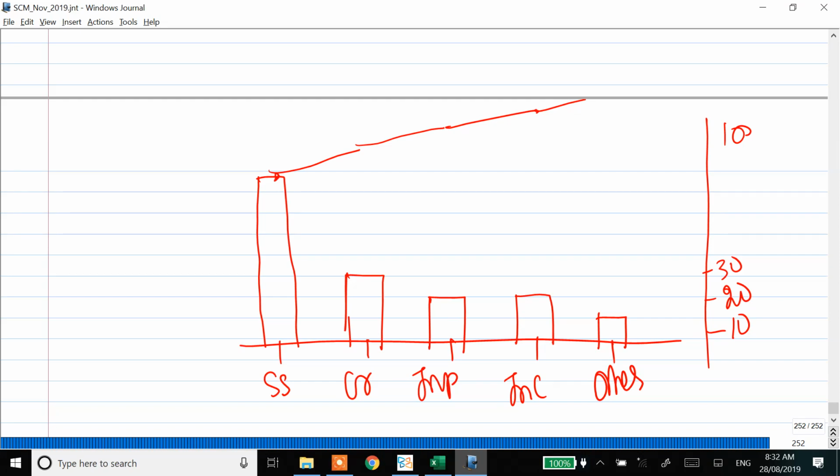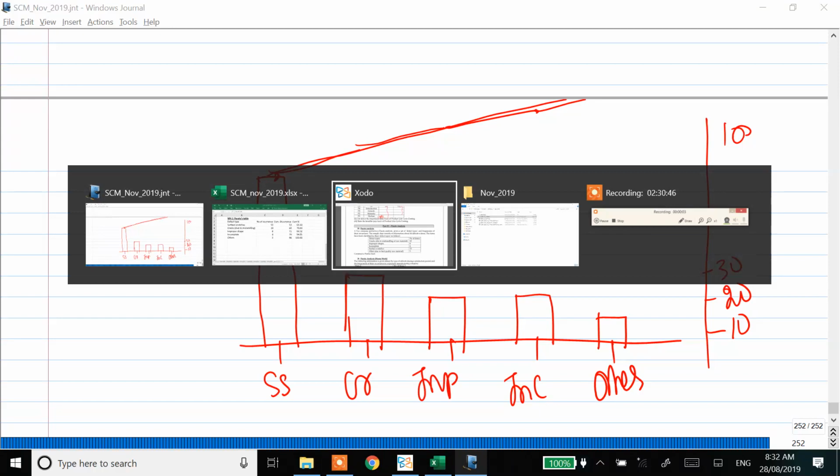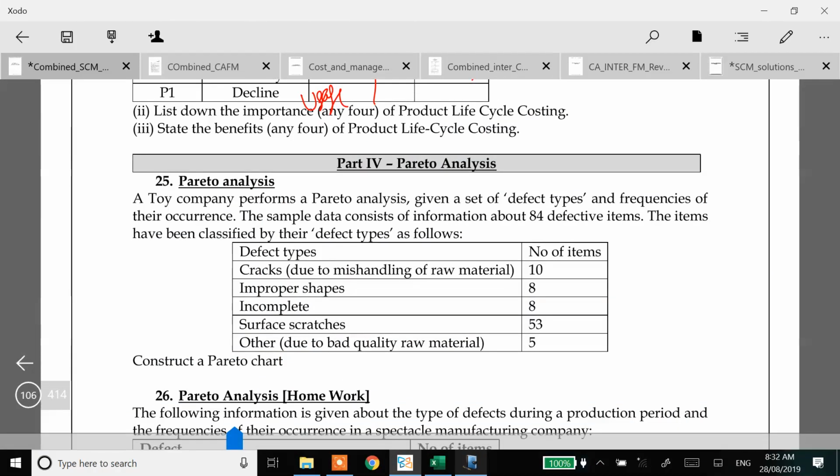In the primary axis I put a bar chart of 53, 10, 8, 8 and 5, and then I put a line for the cumulative frequency, the cumulative occurrences: 63, 75, 84, 94 and 100. I'll show a better chart so that you understand it. Just give me a minute.